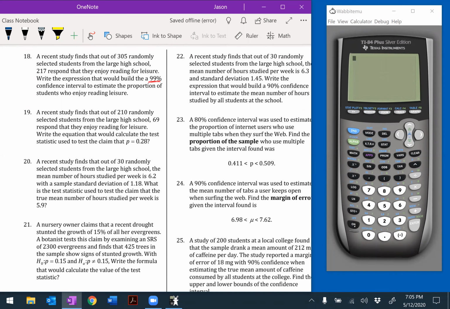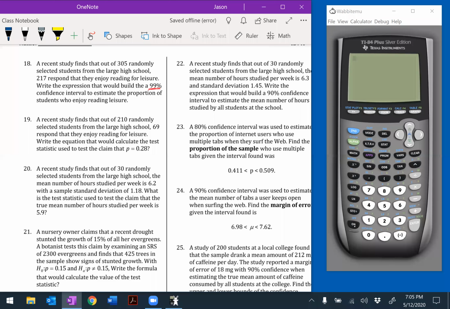For a confidence interval, we would have P hat plus or minus Z star times the square root of P Q over N. So what's P hat going to be? P hat is going to be X over N, 217 over 305, which is about 0.71.